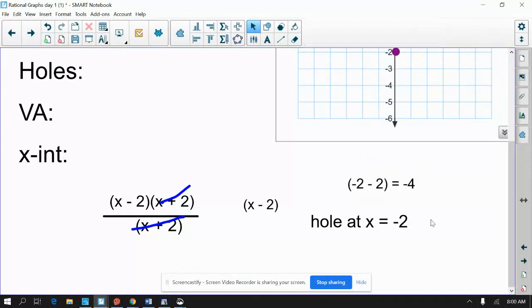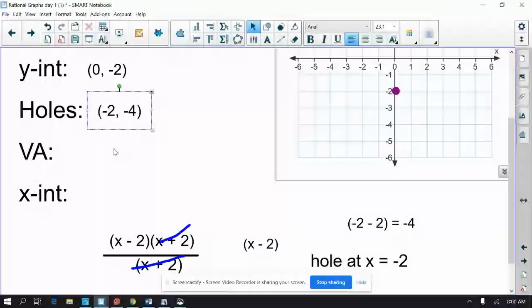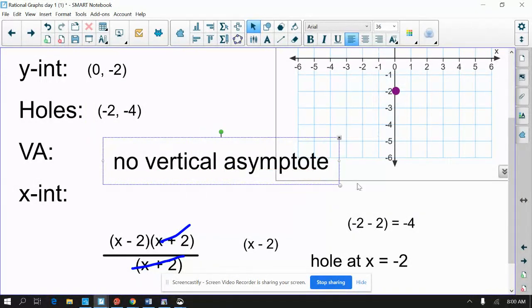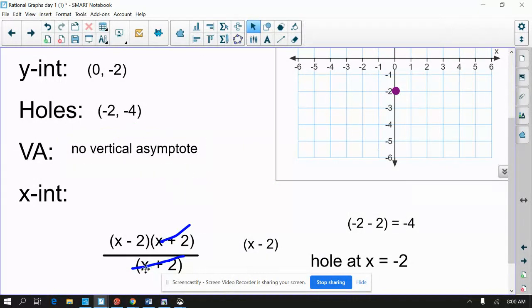So that tells me that the specific ordered pair of the hole is -2 comma -4. And there is no vertical asymptote because there's only one thing that made me divide by 0, and it canceled out. So that's the hole.